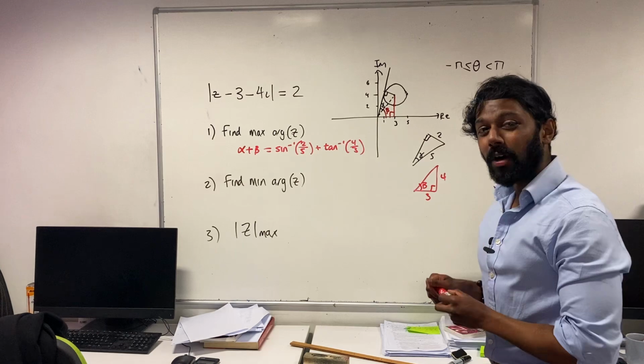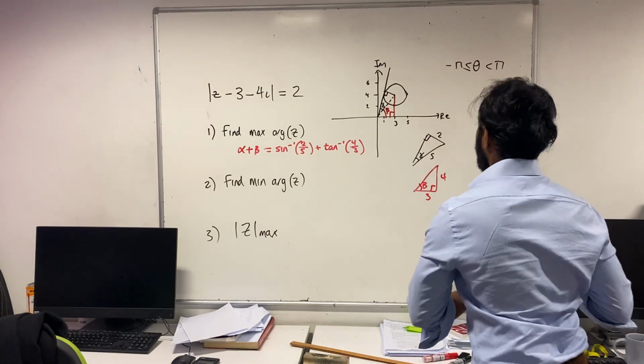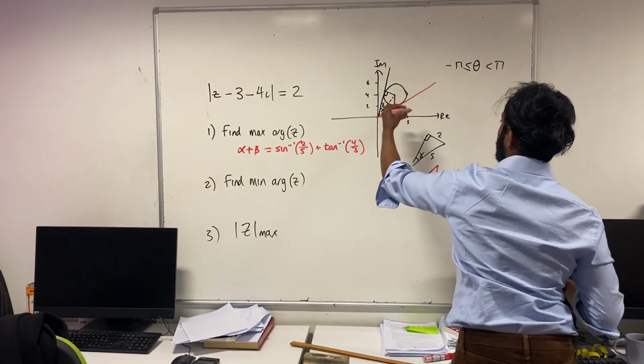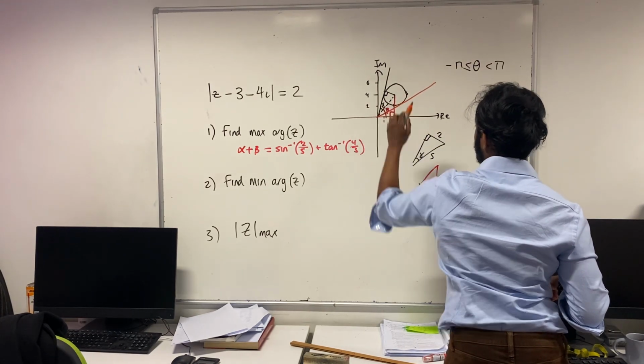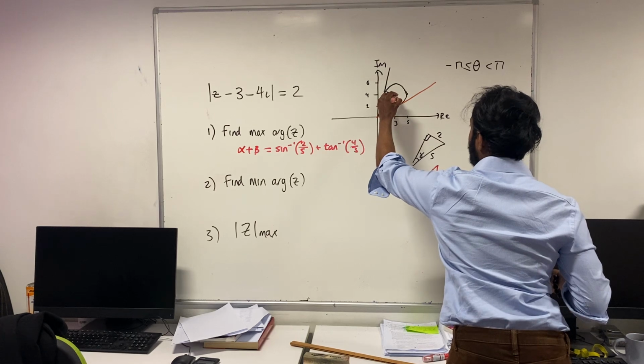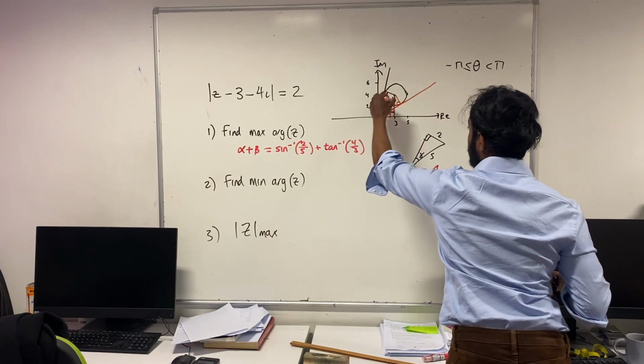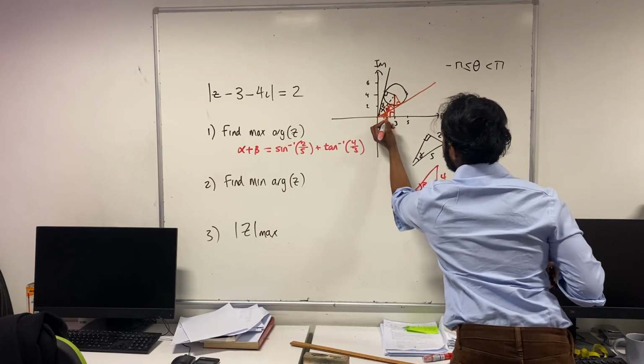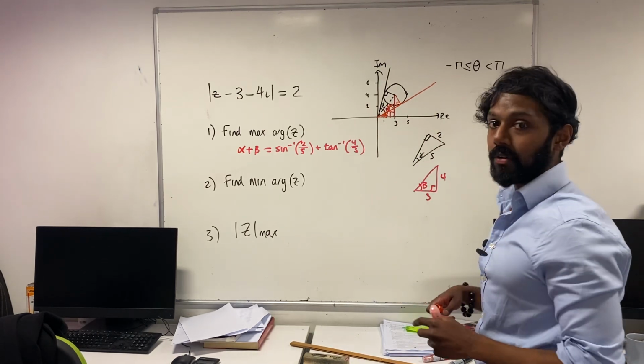To find the minimum argument, I'm going to consider a different tangent. That tangent is when I first touch the circle as I do this. And again, I get another congruent triangle, a triangle congruent with this one, and this angle is alpha. What I'm interested in is this bit here, which is actually beta minus alpha. Not alpha plus beta.